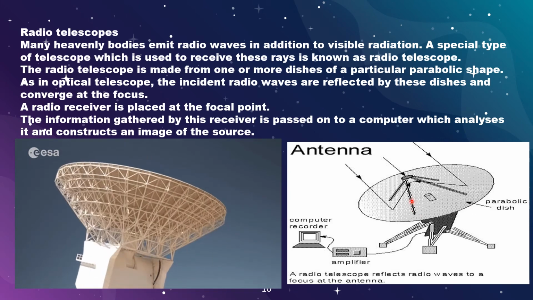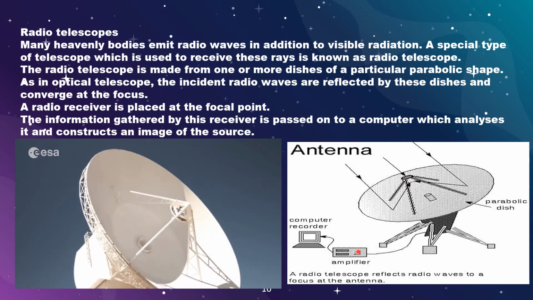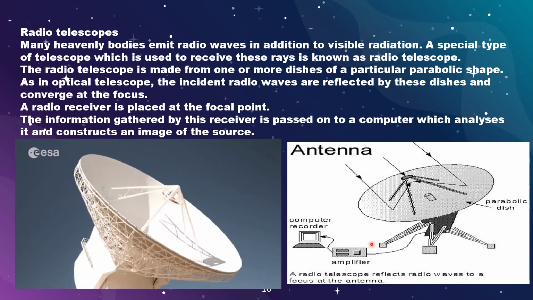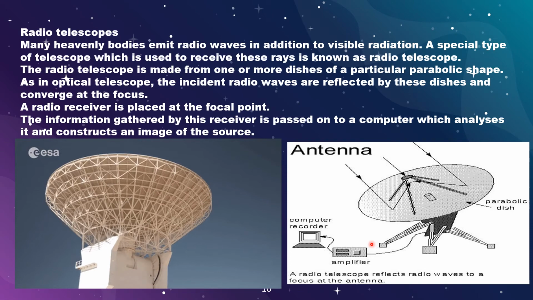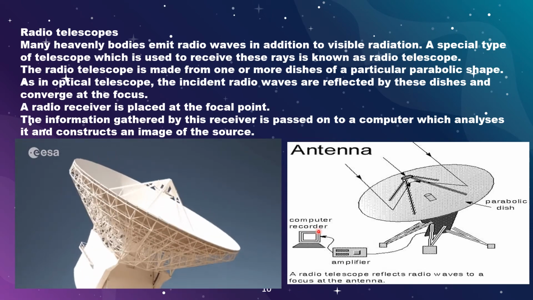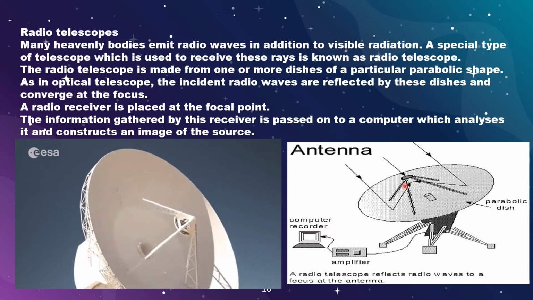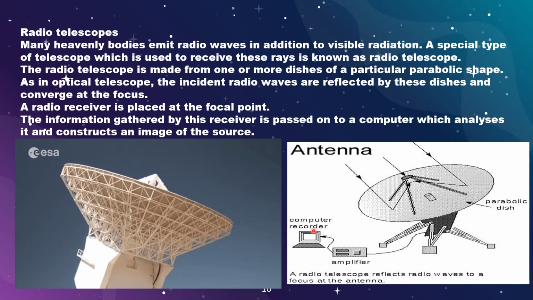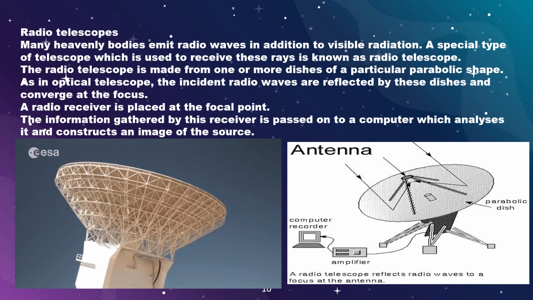Then there is a receiver and an amplifier. The receiver and the amplifier receive the weak radio signals and then amplify these signals to a measurable level. There is a computer or a recorder. The information that is gathered by the receiver is passed on to the computer recorder, which analyzes and constructs the image of the source.